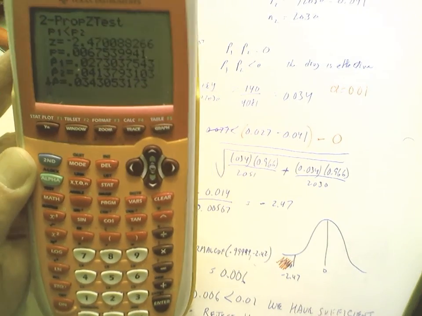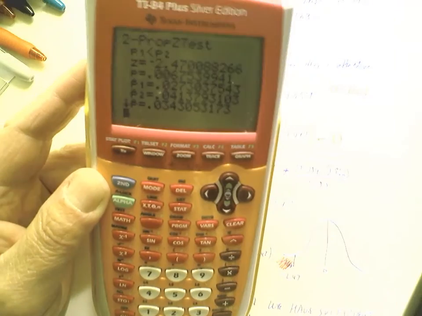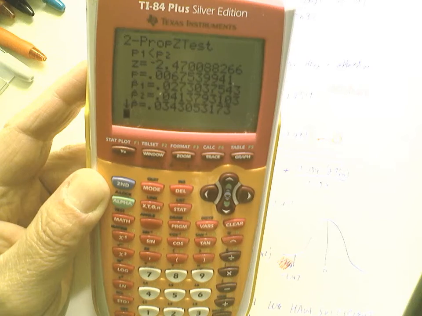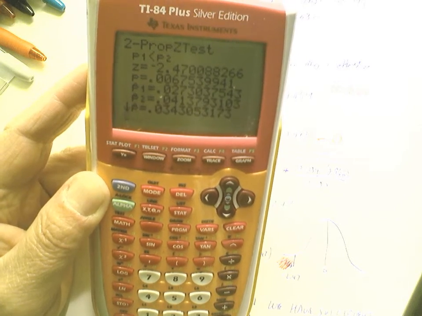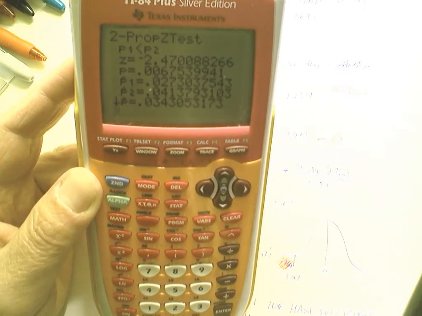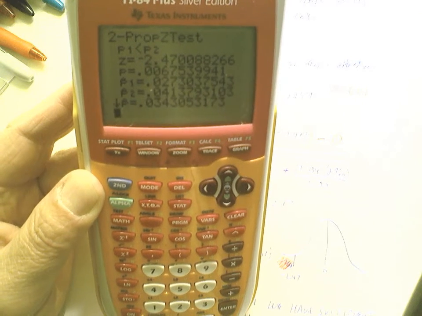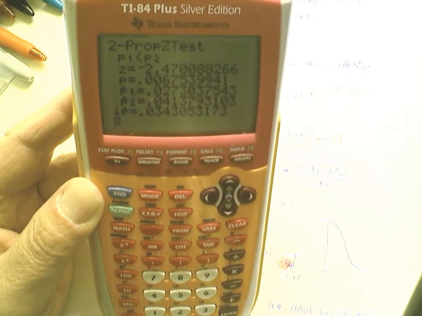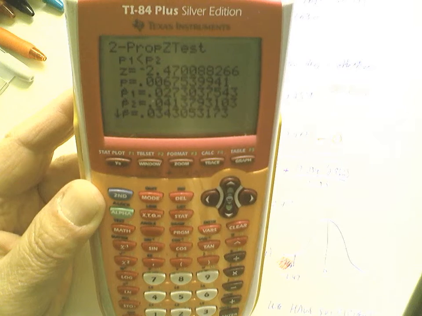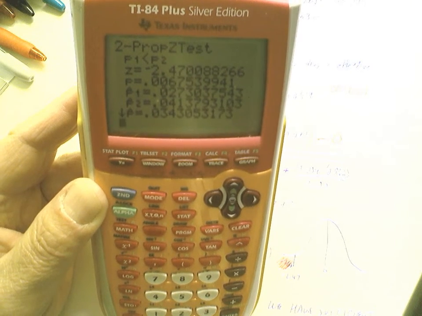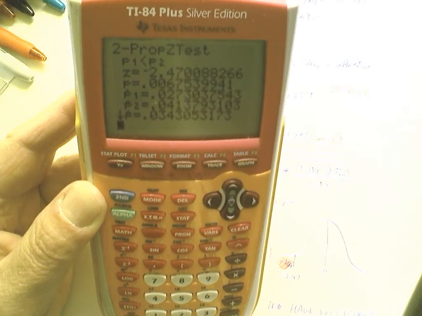Are we good here with rejecting the null hypothesis? That value, 0.006 for our p-value, certainly tells us that we have enough evidence that allows us to reject the null hypothesis. So, very quickly, those are the two key tests, calculator skill-wise, that you can use out of section 10.1.